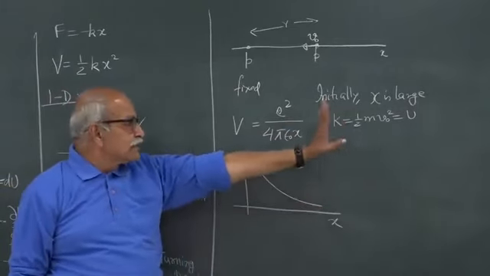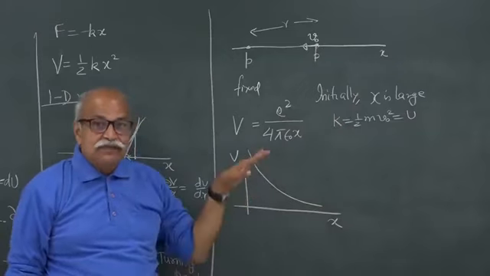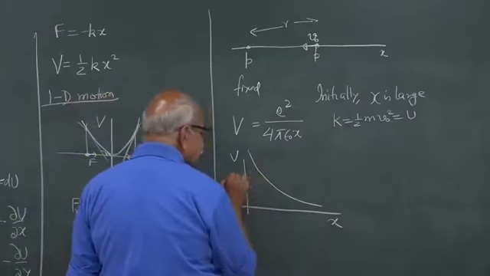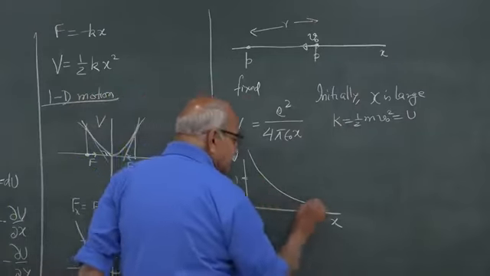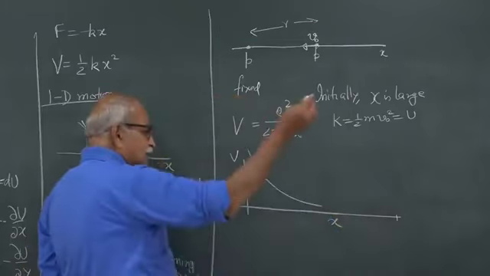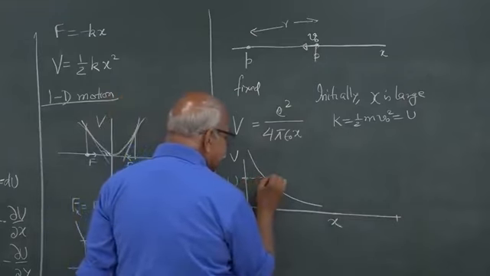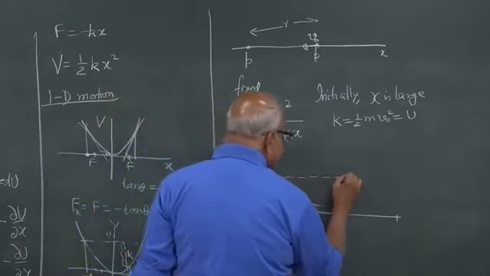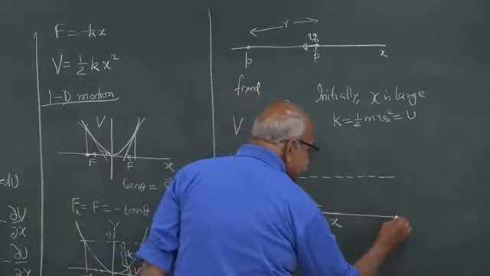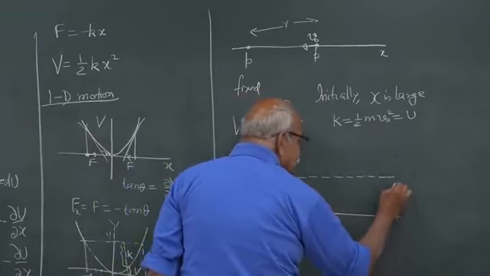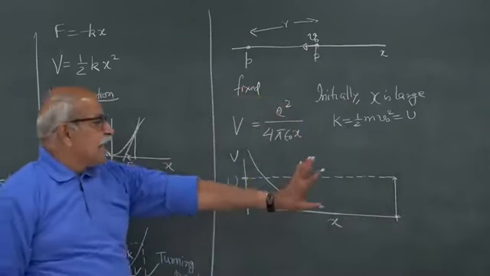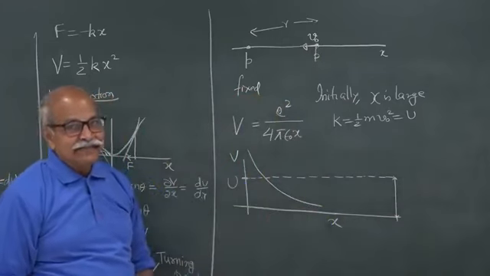Suppose this is that total energy, and initially x is very large, that means the particle is somewhere here at a large x. If the particle is here, the potential energy is almost 0, so this much is the kinetic energy and also the total mechanical energy.